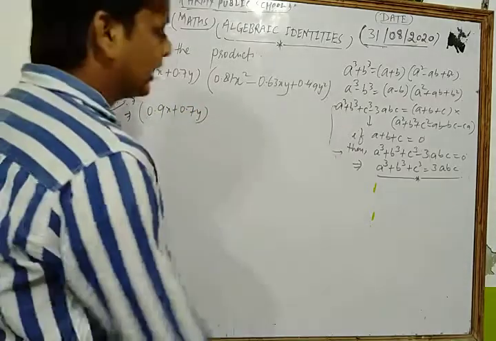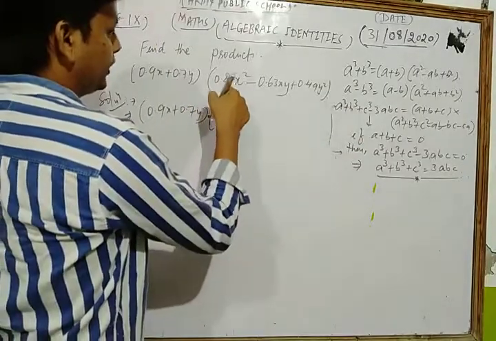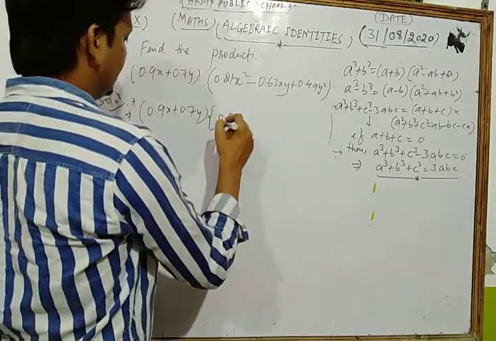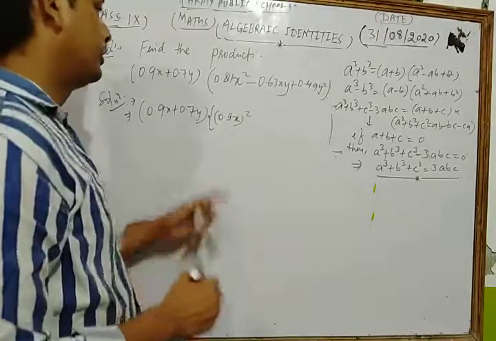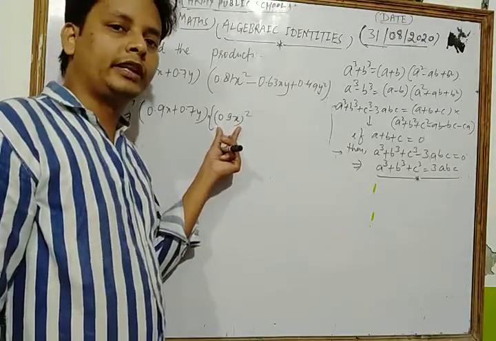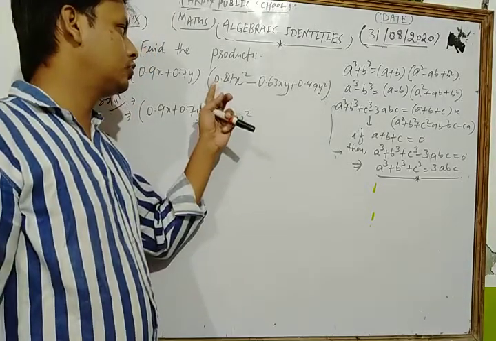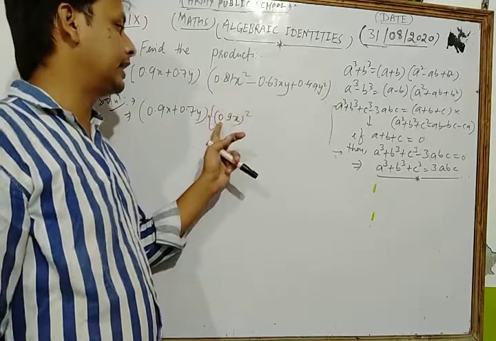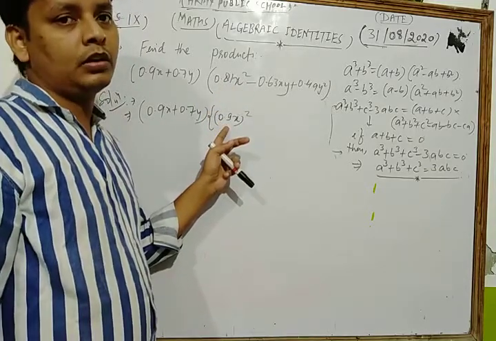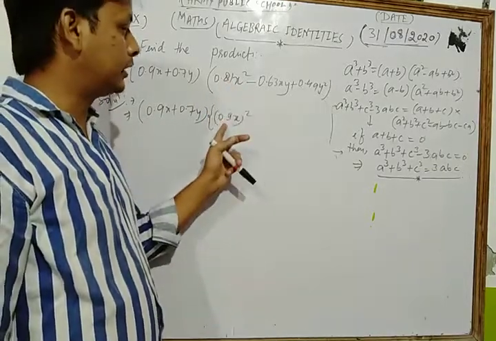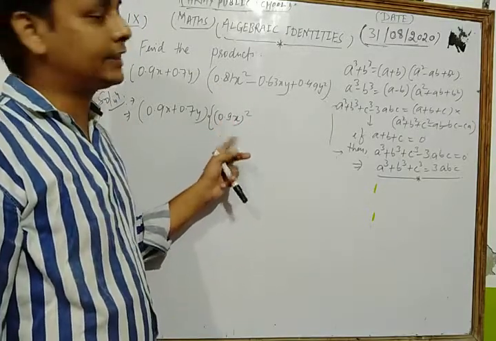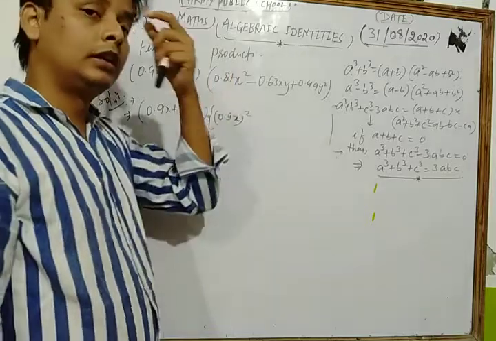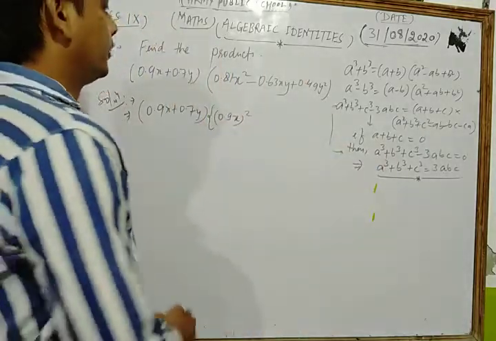After that we can write 0.81x square as 0.9x whole square, because 9 nines are 81 and the decimal takes 2 places left, so squaring 0.9x gives 0.81x square.